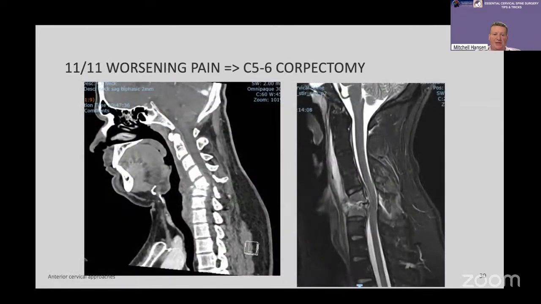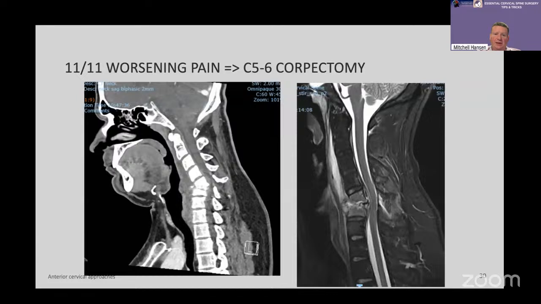Unfortunately, he progressed whilst on the treatment and had this significant pathological fracture and osteomyelitis at C5-6. His alignment was terrible, and he also had worsening pain. Luckily for him, he had no significant signs of myelopathy.